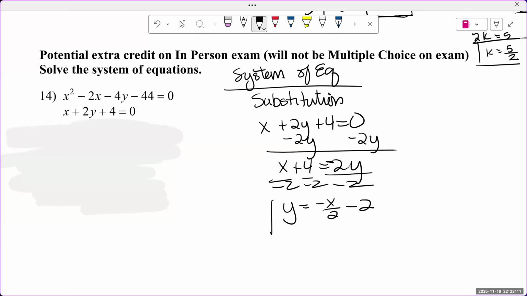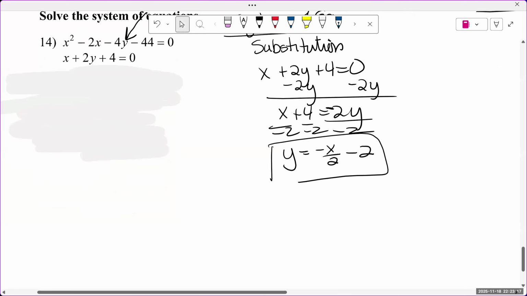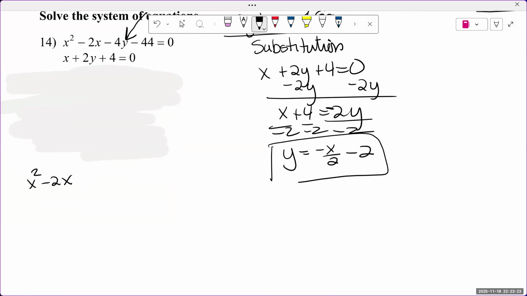So I'm going to take this value. Notice I only have one place to plug it in. Okay, so that's good. So we have x squared minus 2x minus 4 times negative x over 2 minus 2, minus 44 equals 0.